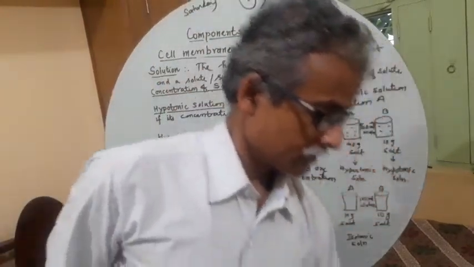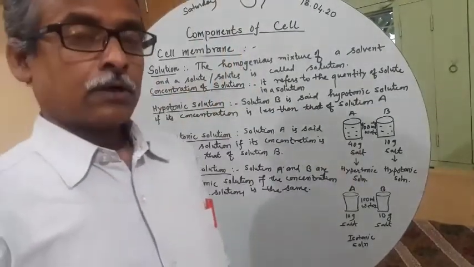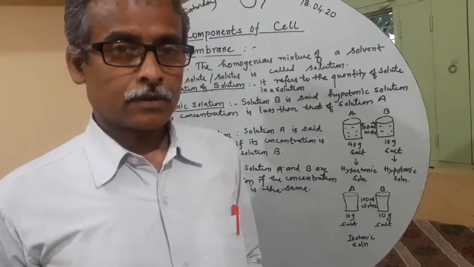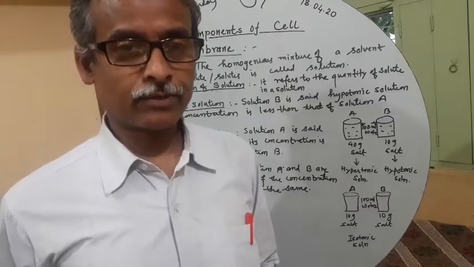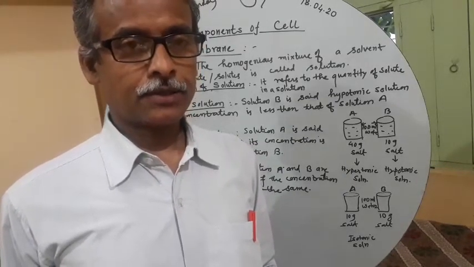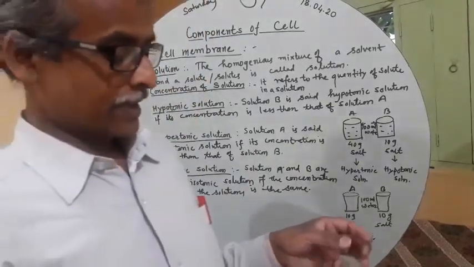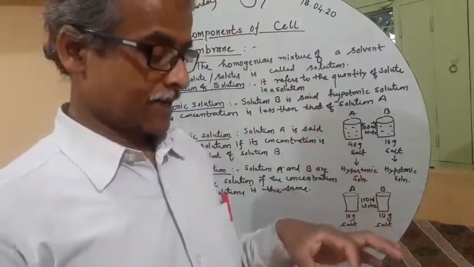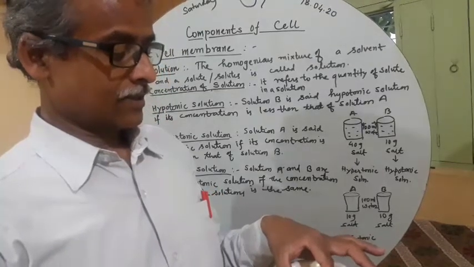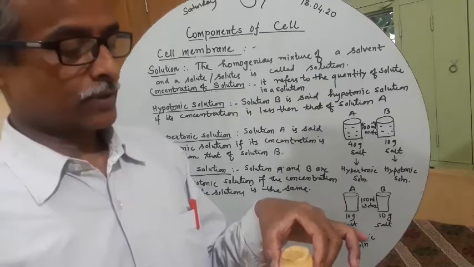We were studying transportation across the cell membrane, and we were studying diffusion and osmosis. We were doing an activity, and now you can look at the apparatus after about 20 hours.